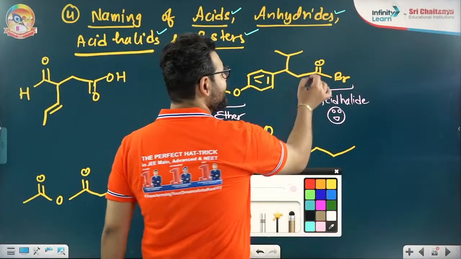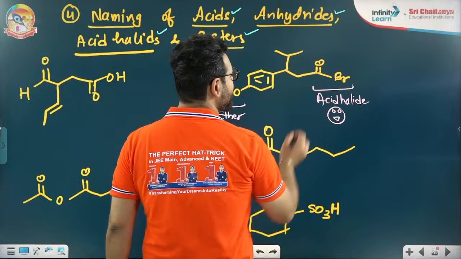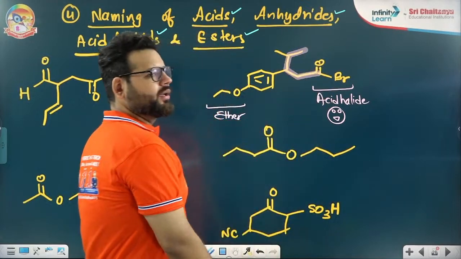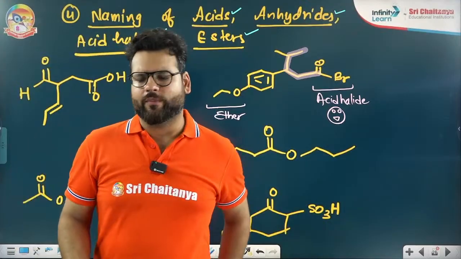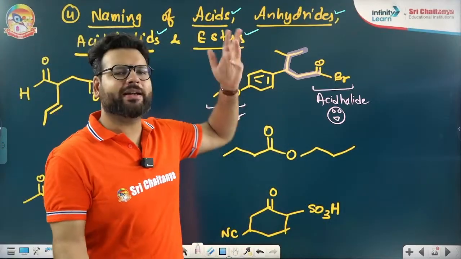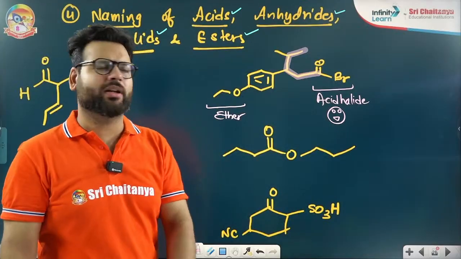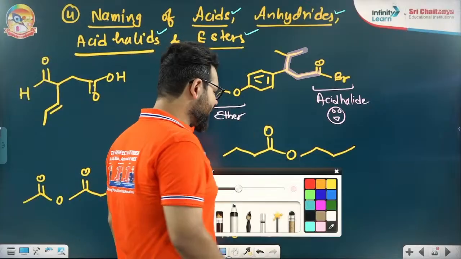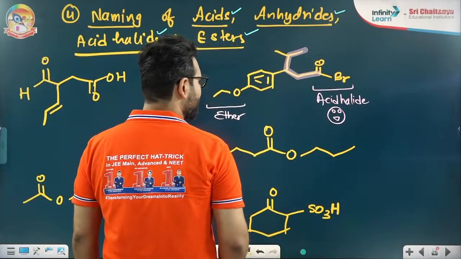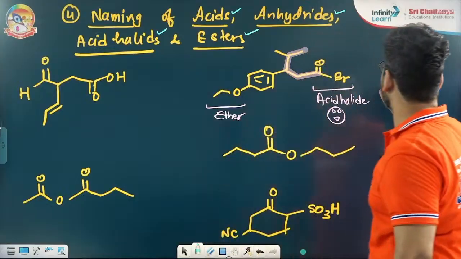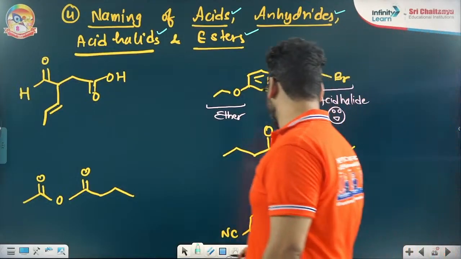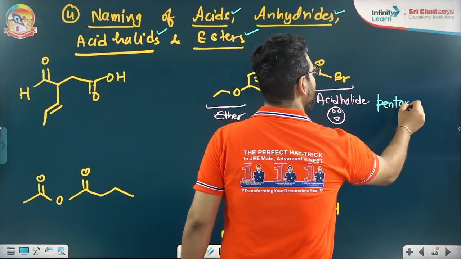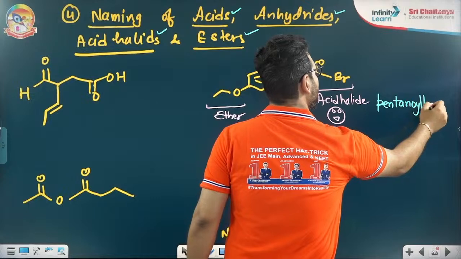So this carbon must be there in the parent chain. Then take the longest chain. 1, 2, 3, 4, 5. Pentane is the parent chain. Pentanoyl bromide, because I told you its suffix before. So it's a pentanoyl bromide. Okay, what is this? It's a pentanoyl bromide.